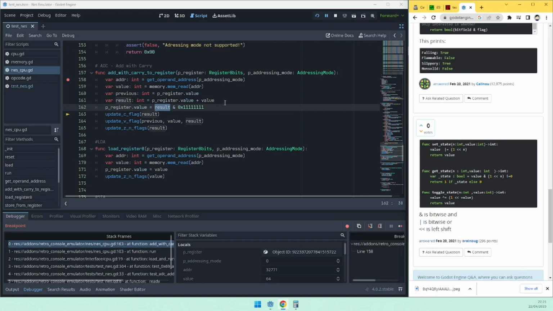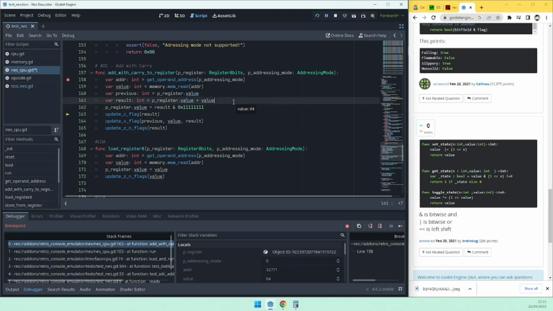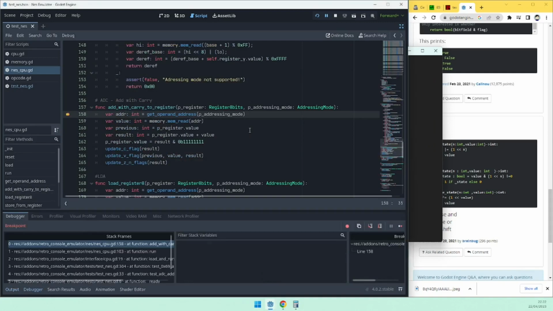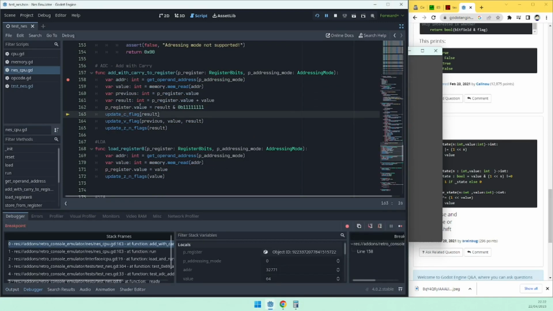Can I make it like... Oh, this is a B, not an X. And how does it go now? Value is 64.